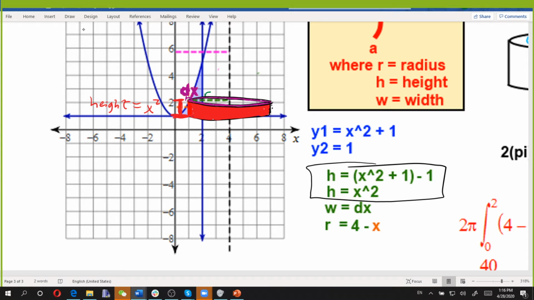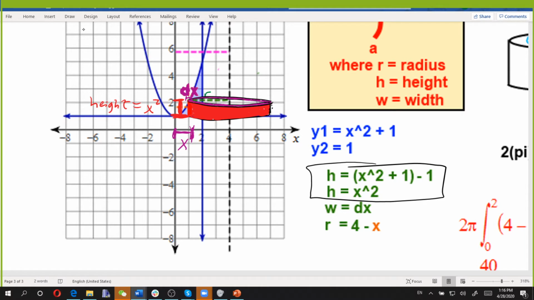And then our radius here in green is my distance to the axis of rotation. Now that radius is always going to be your rightmost x value minus your leftmost x value. In our case, we have our axis of rotation here in black at x equals 4. And then our box has some x value as well, which is going to change as we create those cylinders from the left to the right.